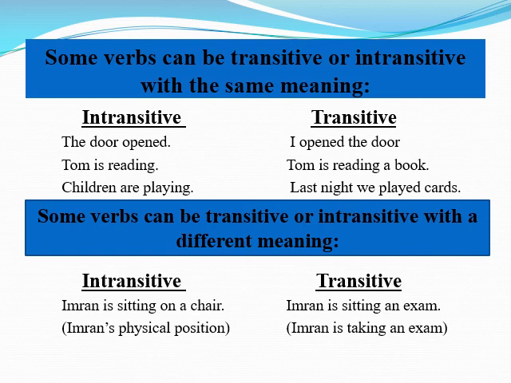For example, Imran is sitting an exam. This means Imran is taking an exam. So you can say the same verb sit changes its meaning completely from intransitive to transitive. That is why this lesson is so important to understand the difference between transitive and intransitive.